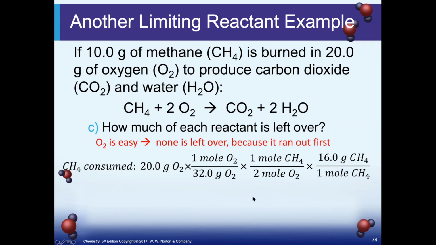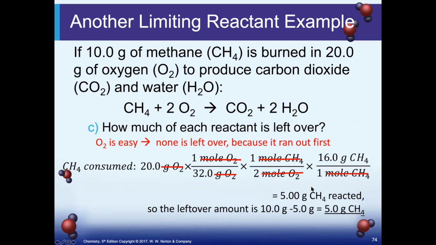If you punch that into your calculator, units cancel. You get 5 grams of methane have reacted. Well, I originally had 10 grams of methane. So 10 minus 5 is 5. I have 5 grams of methane left over. I used up all of my oxygen, so I have no oxygen left over.